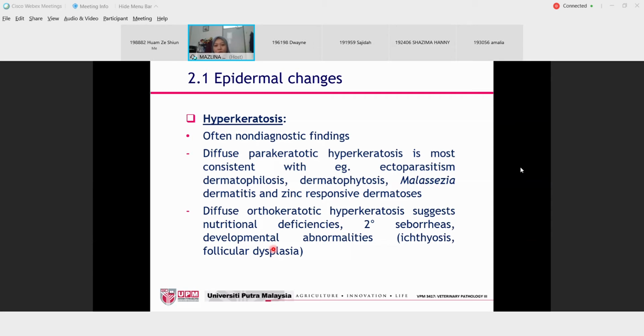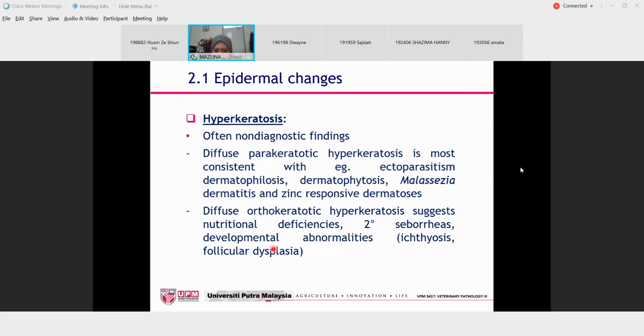Diffuse orthokeratotic hyperkeratosis usually is suggestive of nutritional deficiency, secondary seborrhea, or maybe due to developmental abnormalities like ichthyosis, follicular dysplasia.